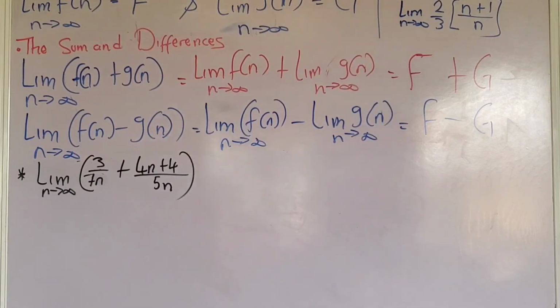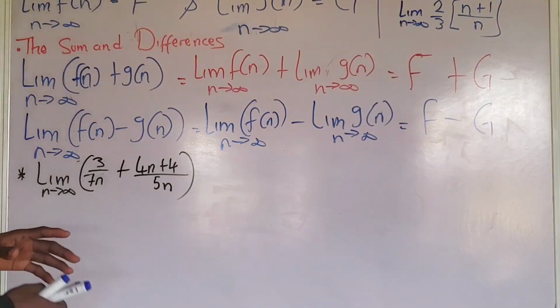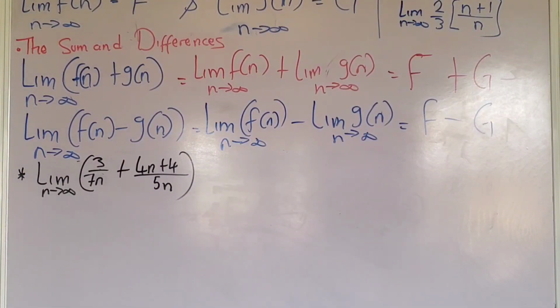And how do we go about that? Well, according to this rule, the limit of the sum of a function is the sum of the limit of that function. Okay, so we just approach it just like we did for the differences.